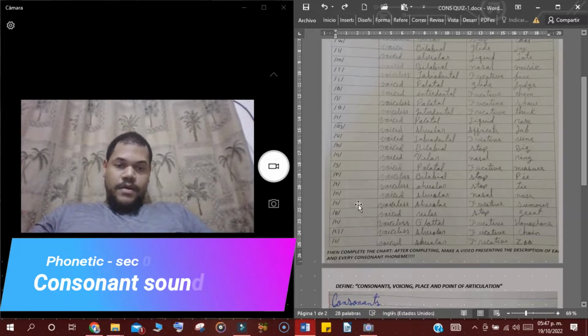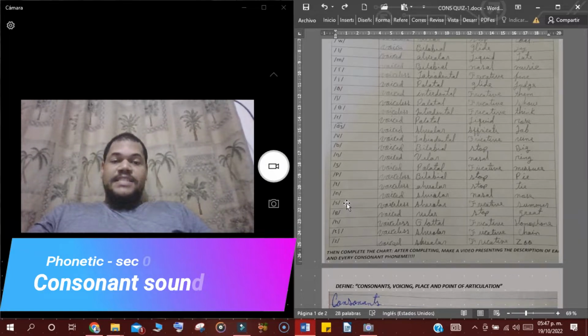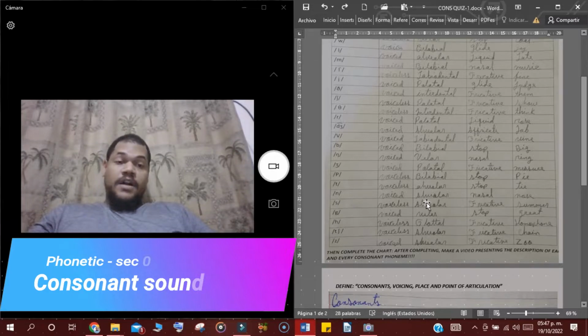So let's go with the letter S that represents the sound that's voiceless, alveolar, and fricative. We got summer. Now we go with the phoneme that is represented with the letter G. That one is voiced, velar, and stop. And the word that may help you understand a little better is grade.